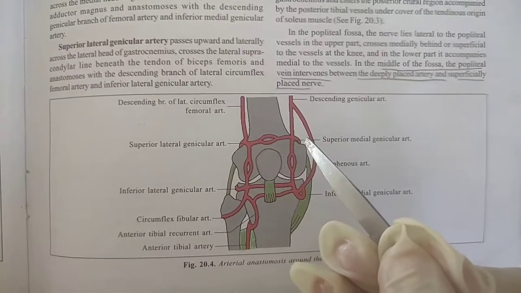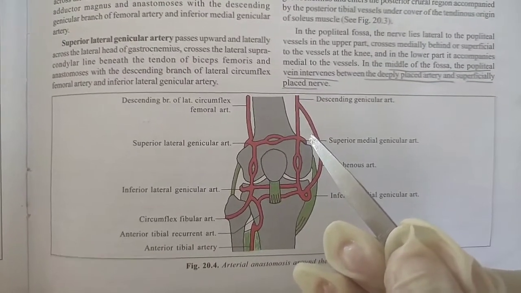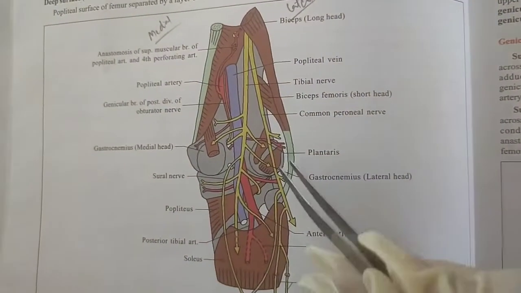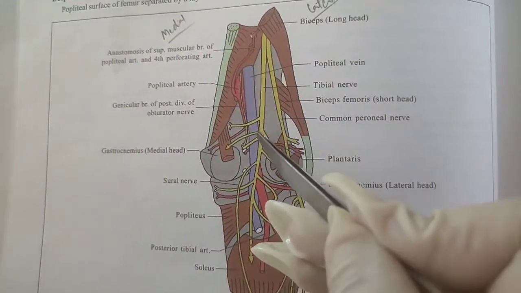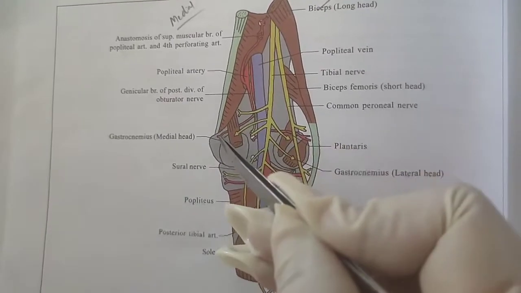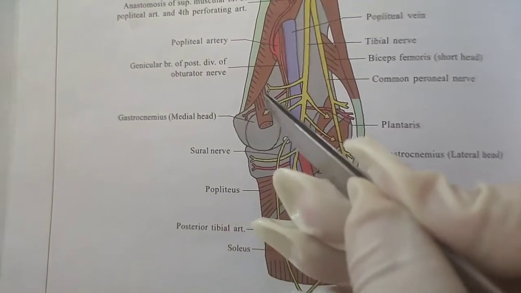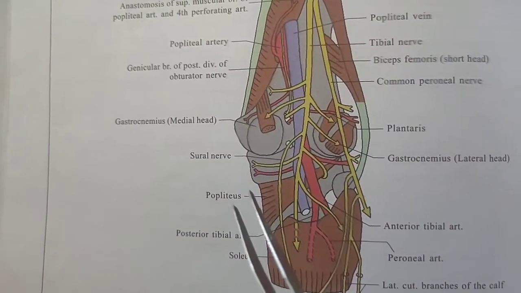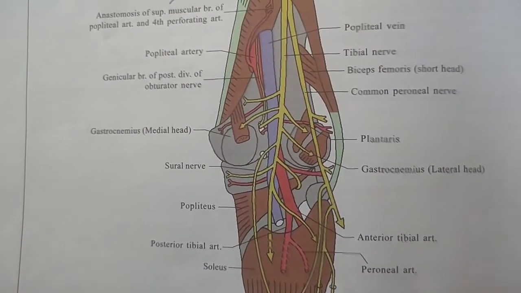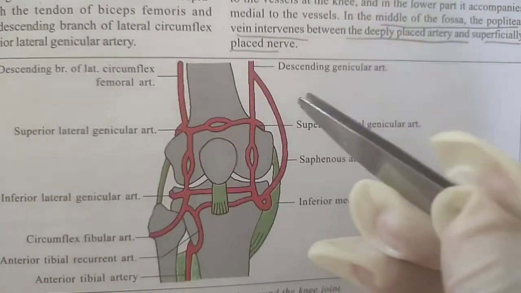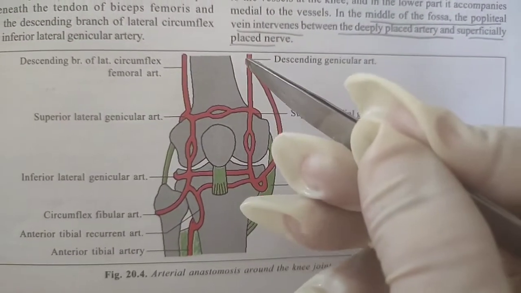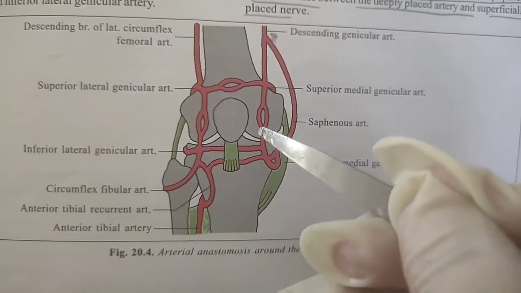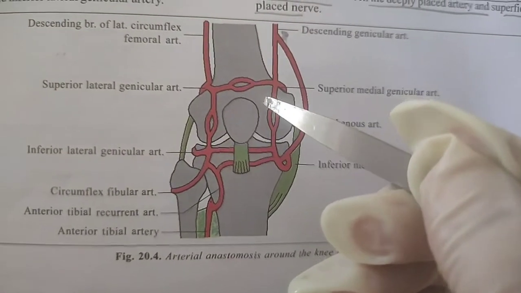This arches upward and medially across the medial head of gastrocnemius, and it passes deep to the tendon of the adductor magnus and anastomoses with the descending genicular branch of the femoral artery, and also with the inferomedial genicular artery.